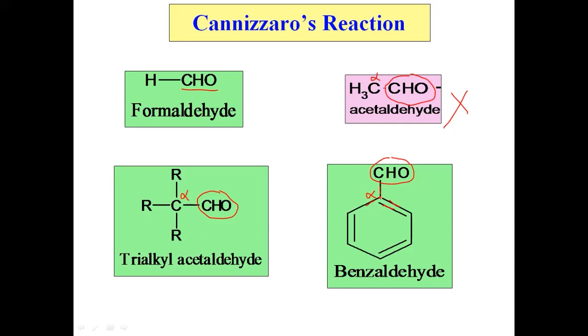What is the main condition for the Cannizzaro reaction? An aldehyde which does not have an alpha hydrogen atom undergoes the Cannizzaro reaction. For example, formaldehyde, trialkyl acetaldehyde and benzaldehyde show this reaction because they do not have any alpha hydrogen atom, while acetaldehyde does not show this particular reaction.